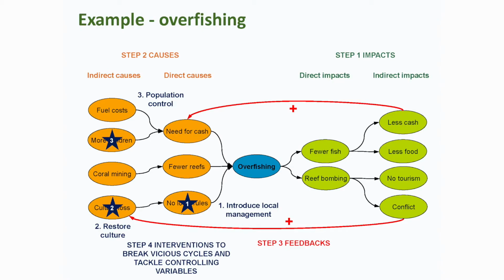Interventions that have been identified in this area and are being implemented at this stage are: one, introduce local management that is strictly adhered to. And this local management is both done through the National Fisheries Authority, but also at a community local level. The second one is working with community leaders and with fishermen to try and restore some of those cultural norms that existed prior.